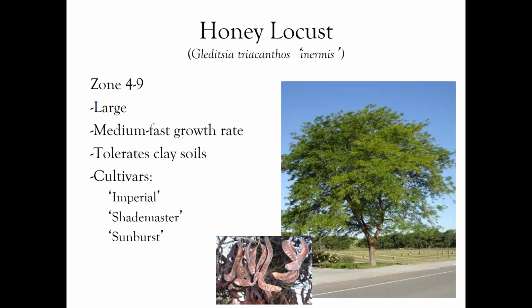But what I have seen, I have an Imperial honey locust in my yard, and it does bear some fruit every year, some seed pods, and really they say that they're seedless, but what that means most of the time is that they're mostly seedless. They will bear some fruit, but usually not very much.